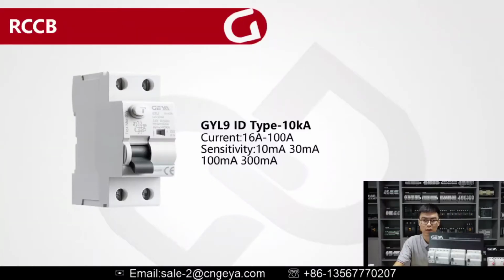This one is ID type, and its breaking capacity we can do is 10 kiloamperes, so it is much higher than GYL8. So this material is better, and also the price is a little more expensive than GYL8.